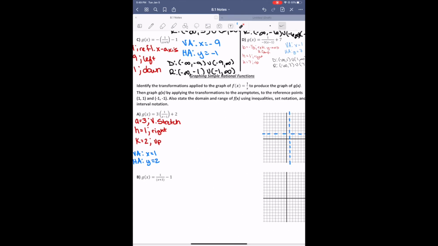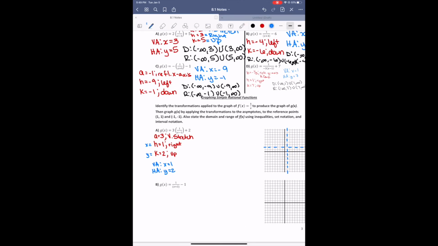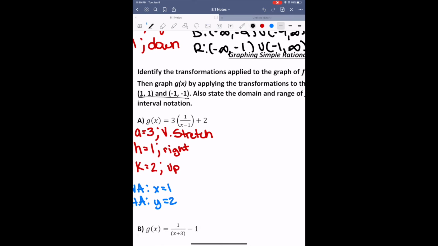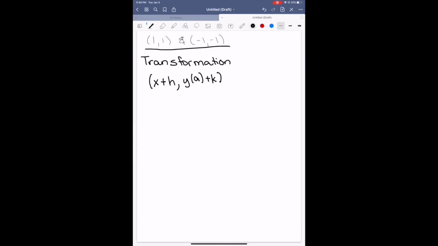Let's go ahead and see what the transformation is going to look like. So we're going to take our reference points. Our reference points were 1, 1 and -1, -1. And remember, we're going to apply these transformations here. X plus h, y times a plus k.